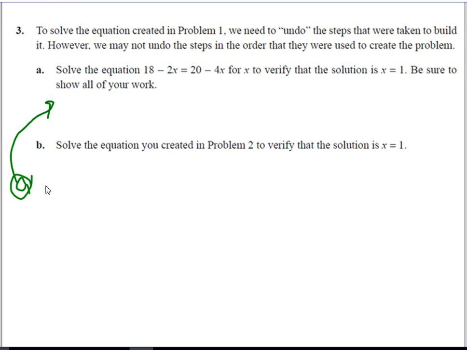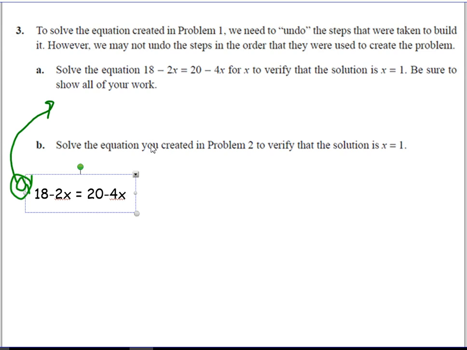I think it will go better that way. So we have 18 minus 2x equals 20 minus 4x. So again, it's telling us that we want variables on one side of the equation.